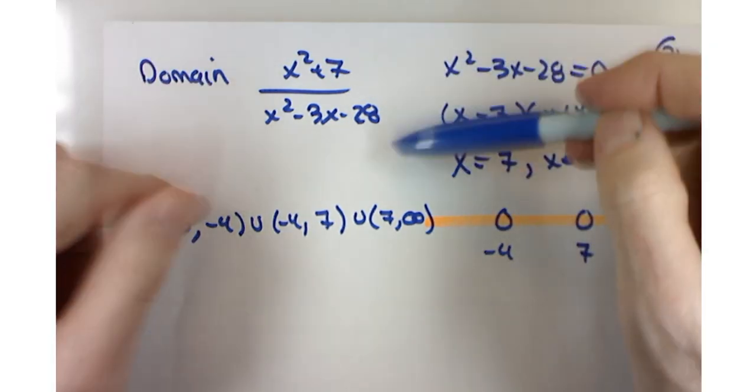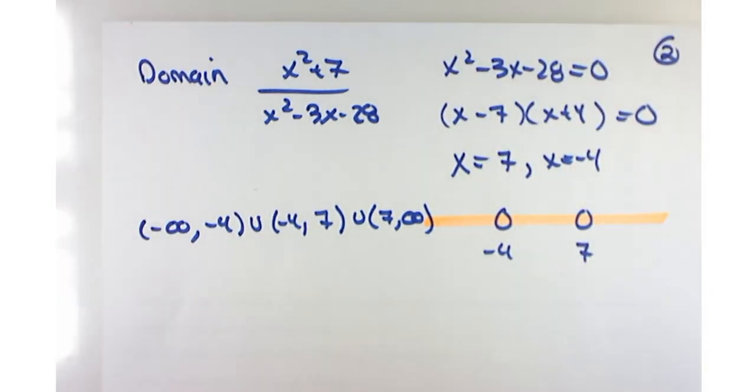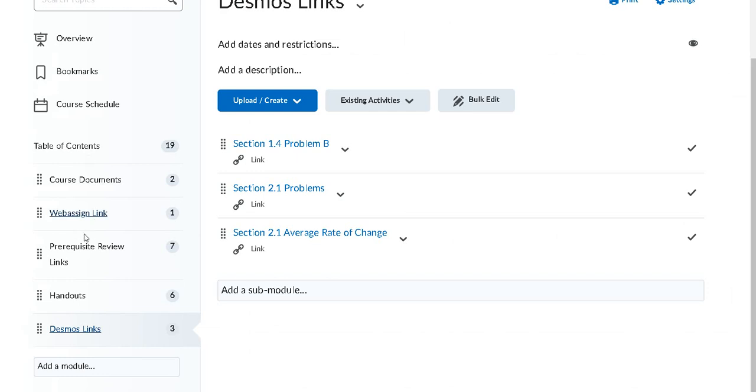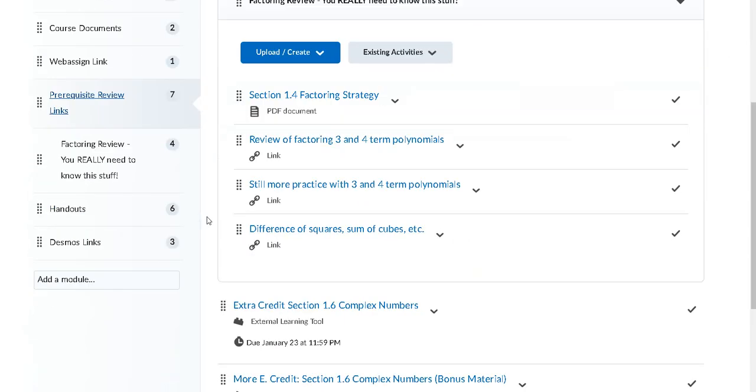Unfortunately, there's a lot of stuff in here that requires factoring. And because I know that people aren't necessarily very good with factoring, I put some links in WebAssign. You do your prerequisite review to see review of factoring 3 and 4 term polynomials, more practice with that, difference in sum of squares.